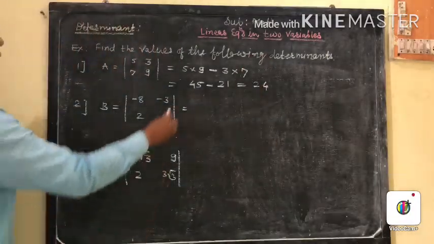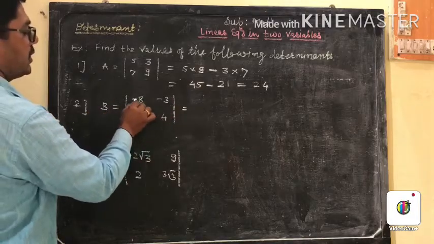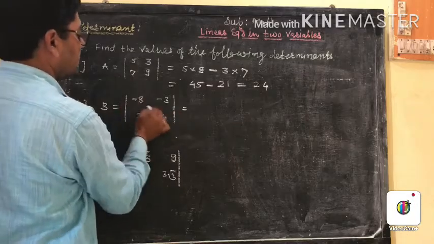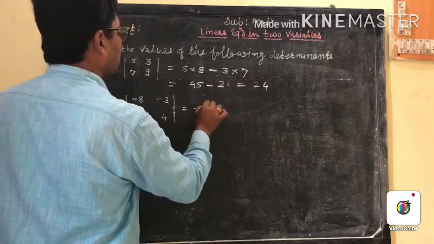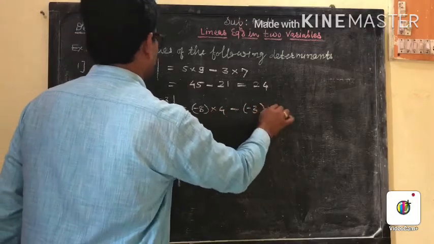Now the second determinant, row wise: minus 8, minus 3, 2, 4. Its value is minus 8 into 4, minus, minus 3 into 2.